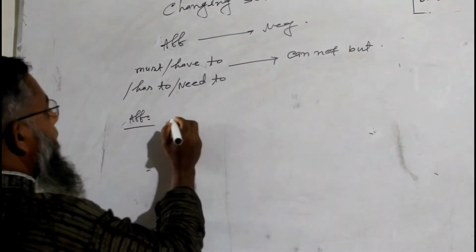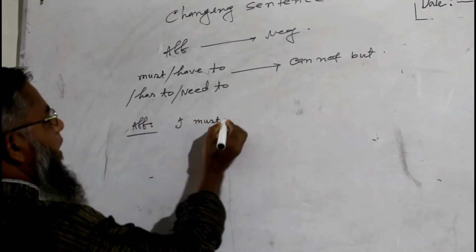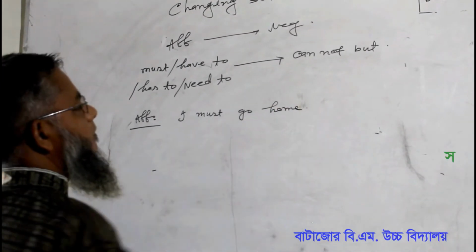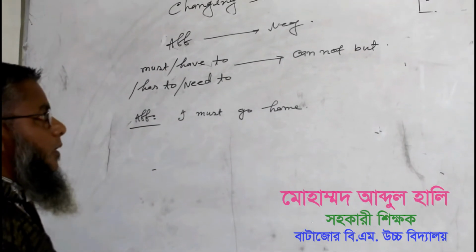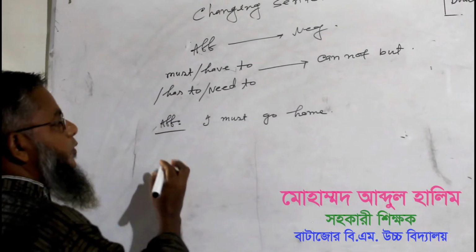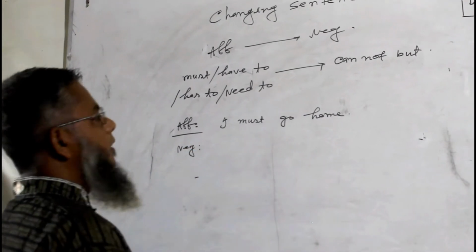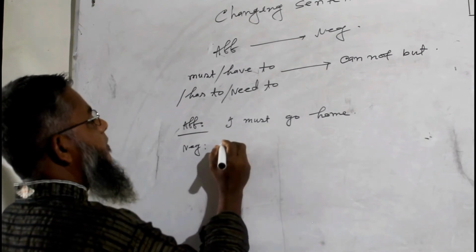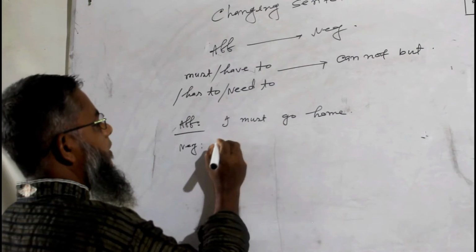Affirmative: I must go home. This is an affirmative sentence. If we want to change it into a negative sentence, we have to use here cannot but instead of must.